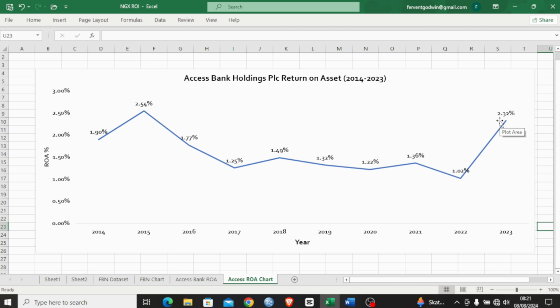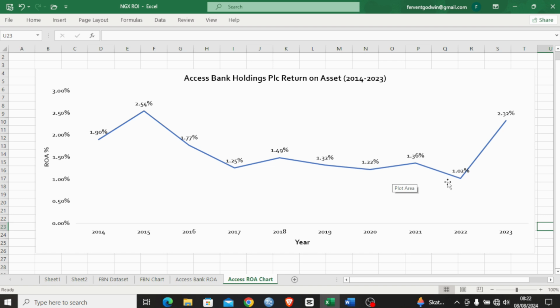So it shows that they have efficient management, they are efficiently managing their assets, and they are generating reasonable profit from it, because most of the time they've never gone below the benchmark of 1% to 2%. The least they got was 1.02, which is still within that benchmark.